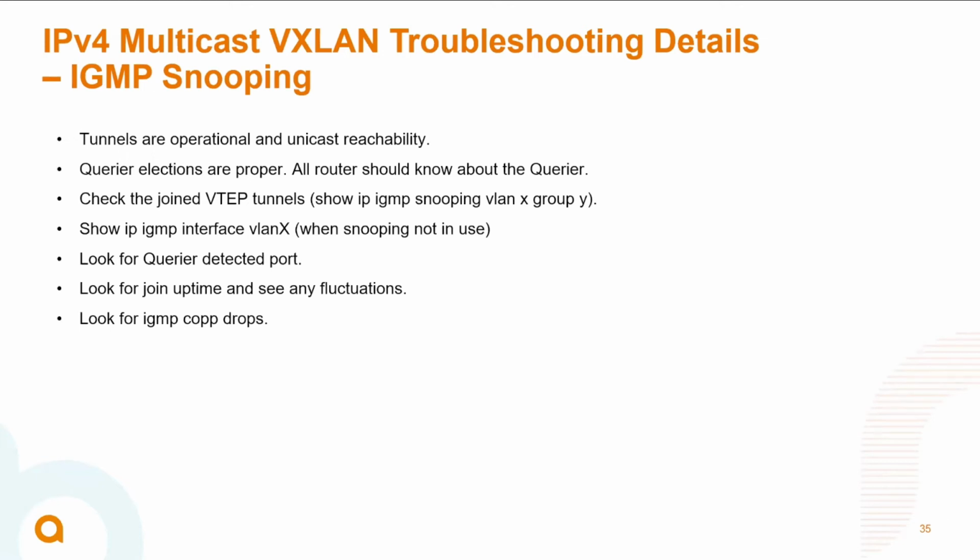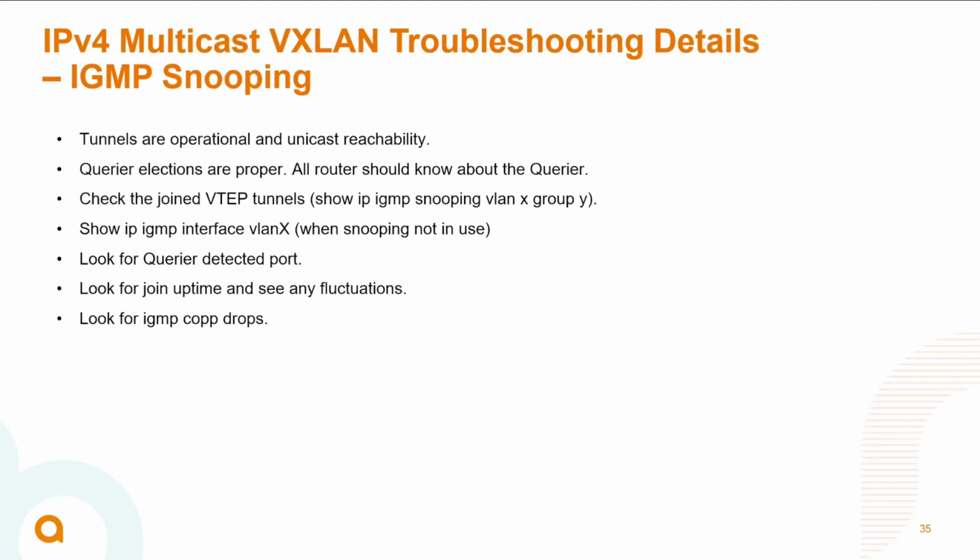Our classic debug command is show ip igmp snooping vlan and group. You will see the list of VTEPs which are joined for this particular group. If the interested VTEPs are not listed, that means we have a problem there. That's how you can see the traffic issues.